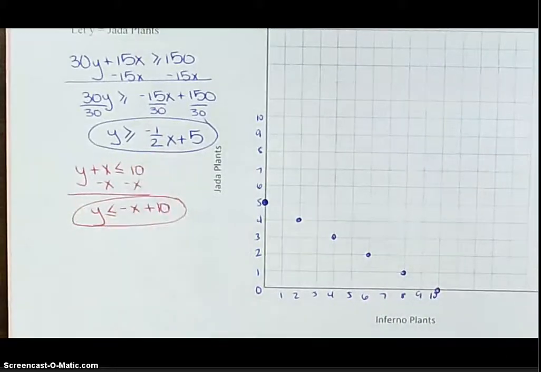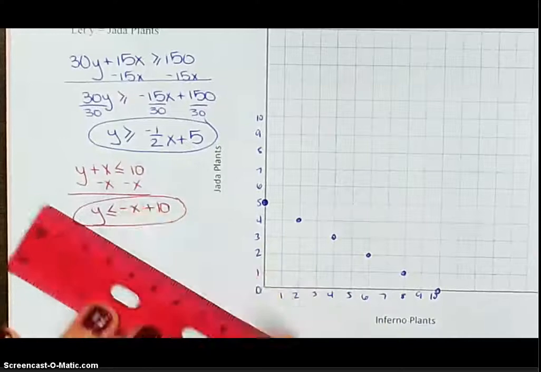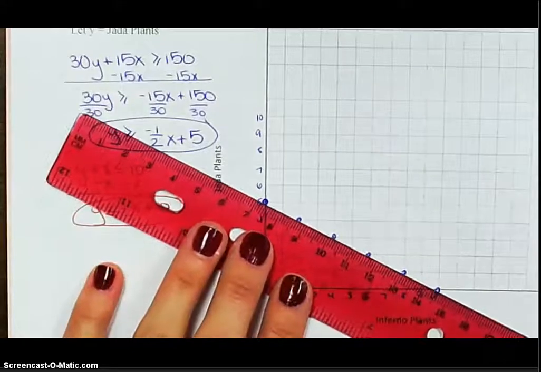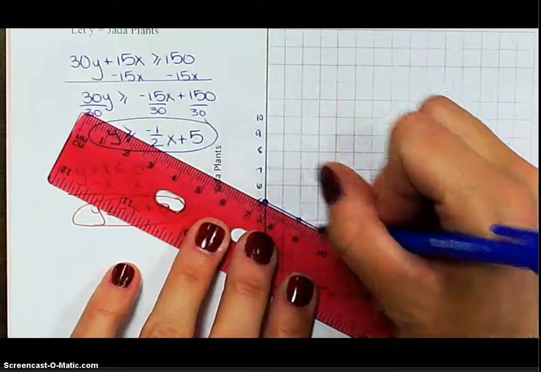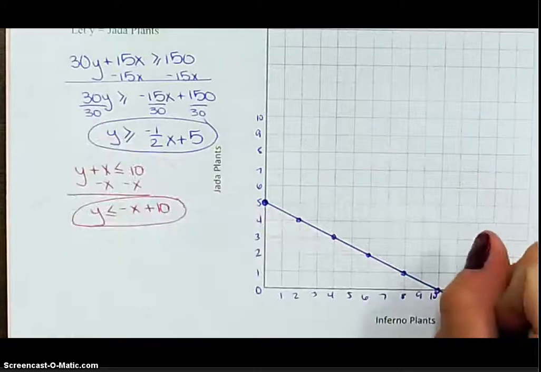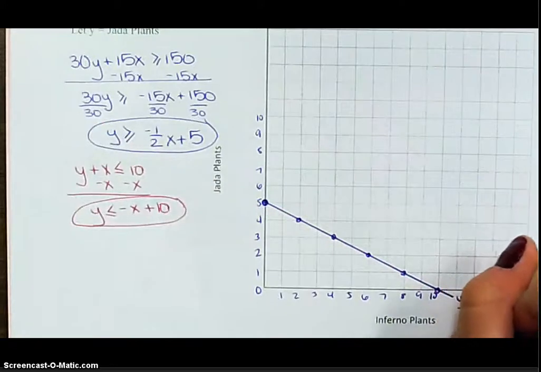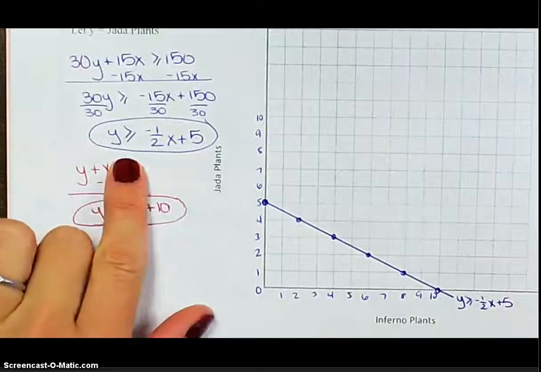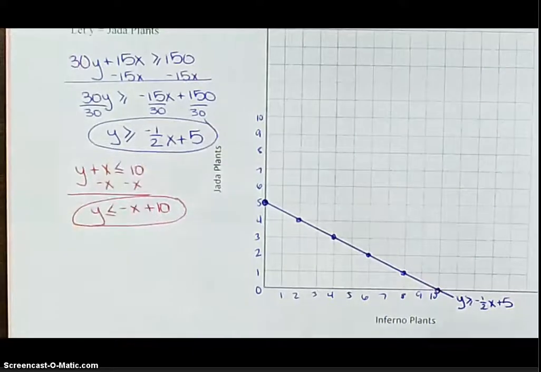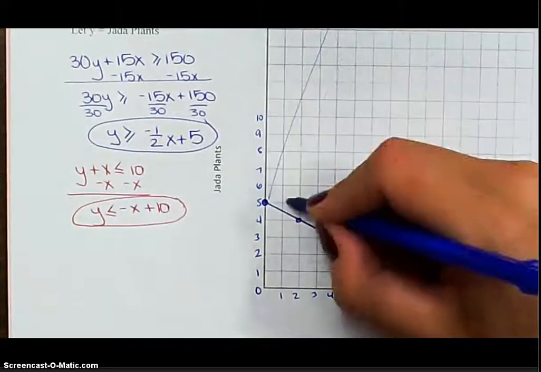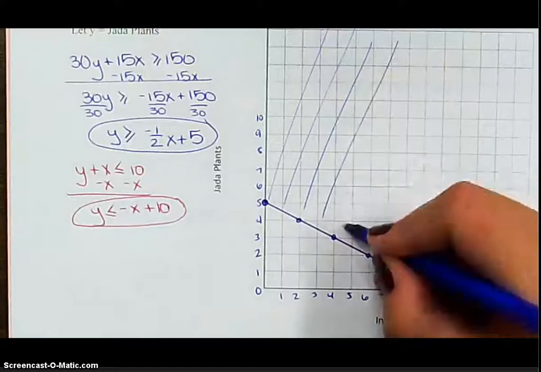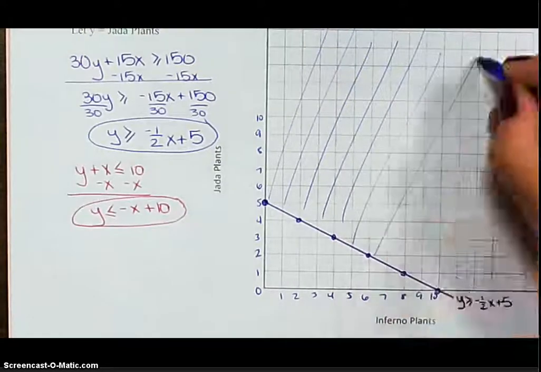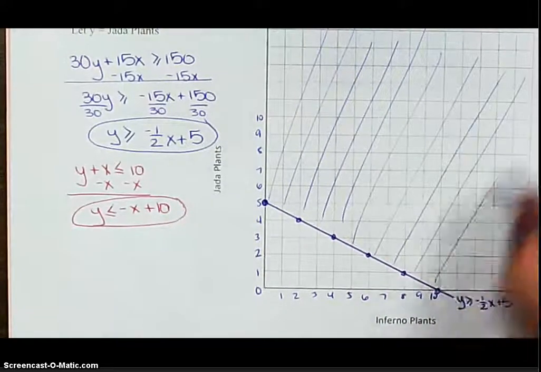This is greater than or equal to, and since it's allowed to be equal, it's going to be a solid line. We label that. Greater than means we shade up, so from the line, you go up.